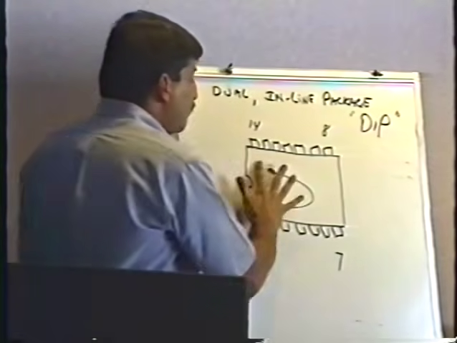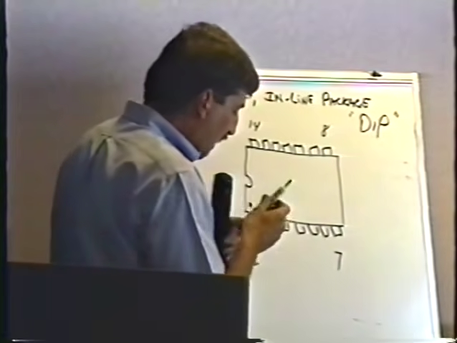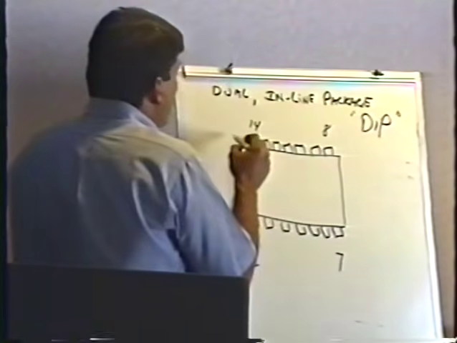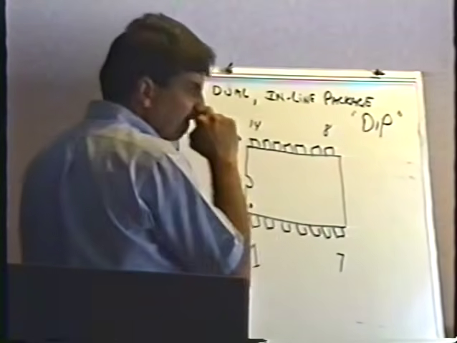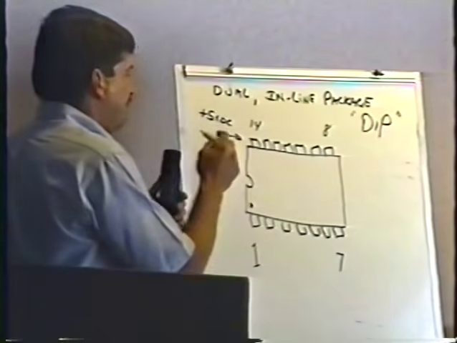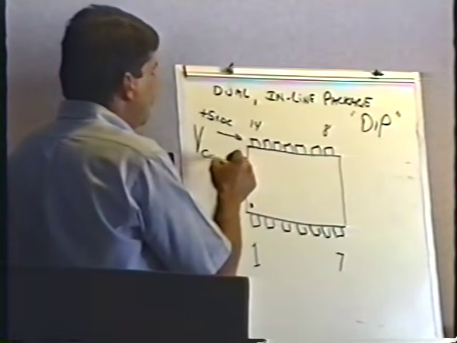Well, on these dual inline packages, almost without exception, there are a couple, but almost without exception, this pin will be the plus 5 volts DC. It's what the hotshot technician types call VCC.